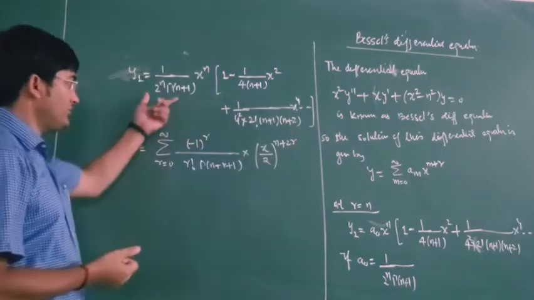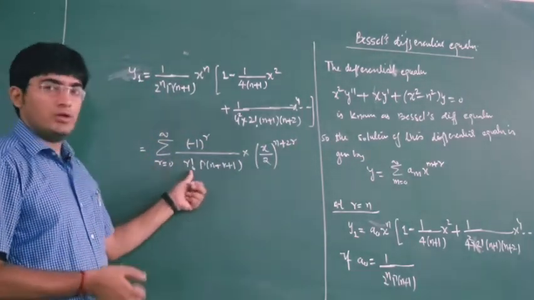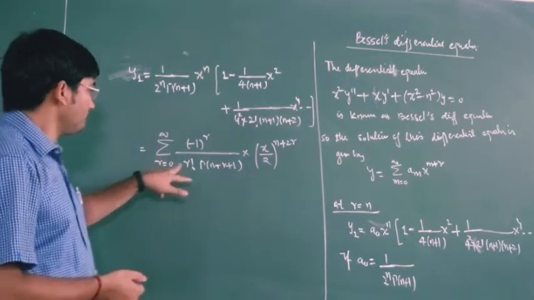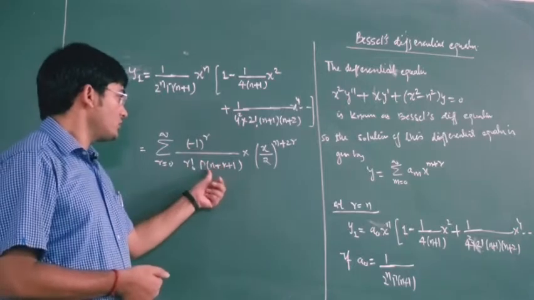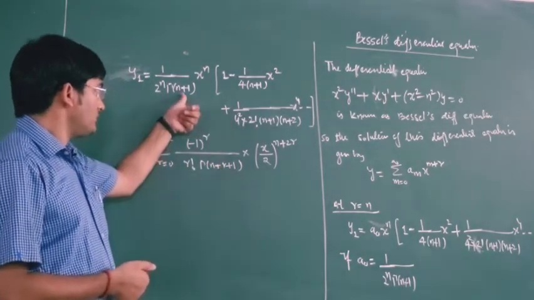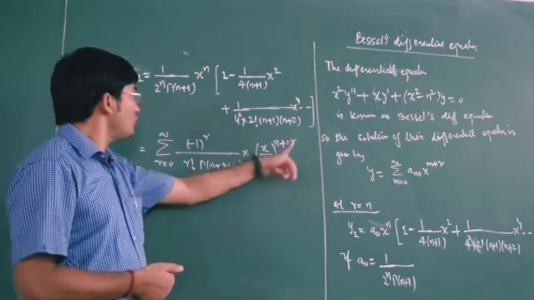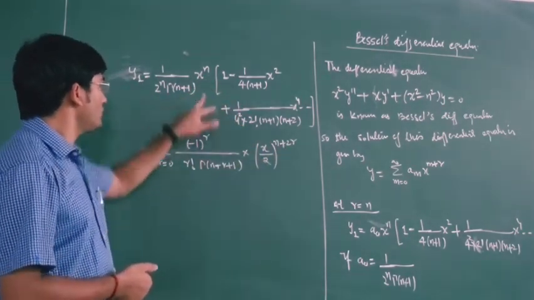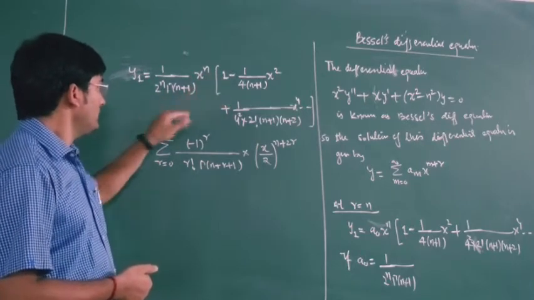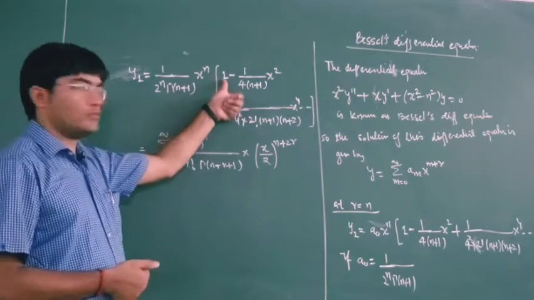This solution can be written like this, because if you put r equal to 0, then your first term will be, factorial 0 is 1, minus 1 to power 0 is 1. So this will be gamma n plus 1, and then we will have x upon 2 power n. So the first term is 1 upon gamma n plus 1 into x upon 2 power n.